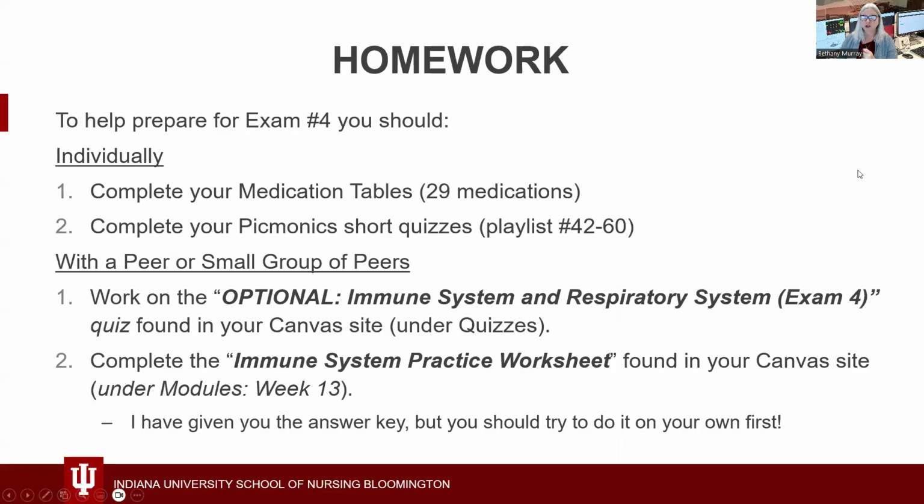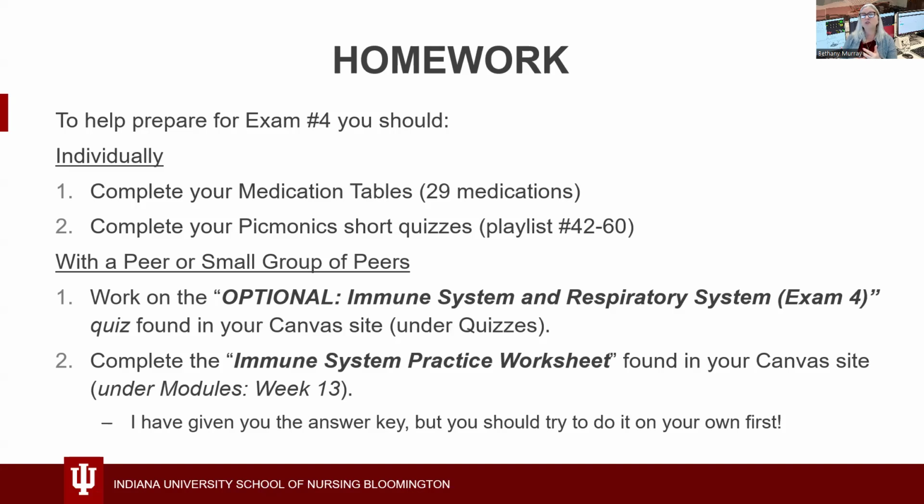Okay, so now I'm going to talk about what your homework is for this week. So if you recall, next week we will have a class on the gastrointestinal system, but that will not be on exam number 4. Exam number 4 consists of the chapters over inflammation and fever, the immune system, the neoplasia or cancer, then upper respiratory, the antibiotics, antibacterials, antifungals, antiviral agents.